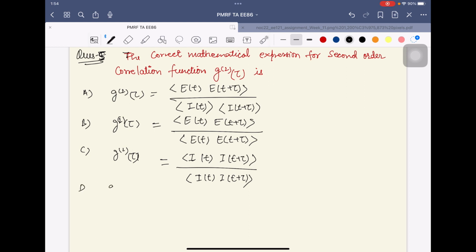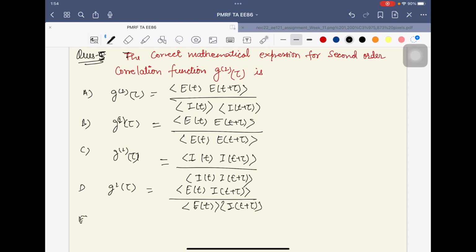Option D is G2 tau is equal to E(t) I(t plus tau) divided by I(t plus tau).